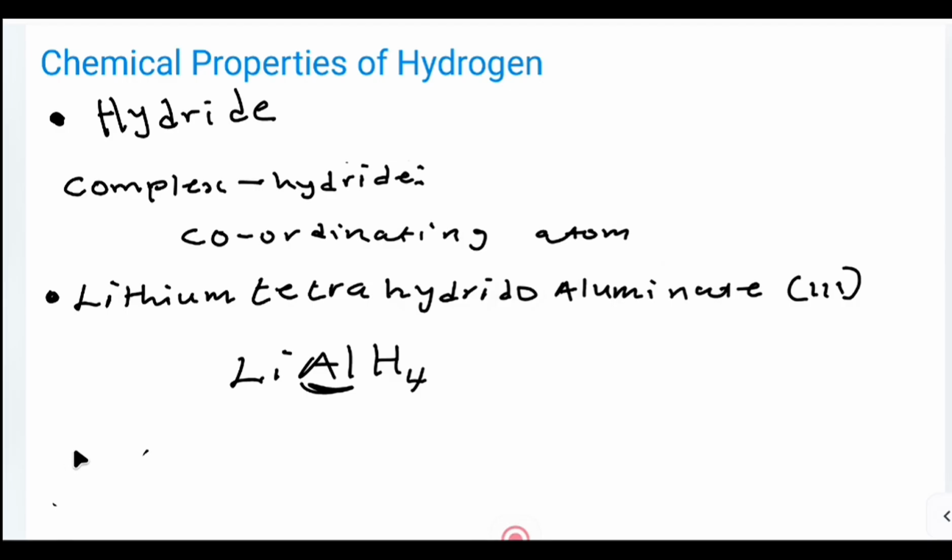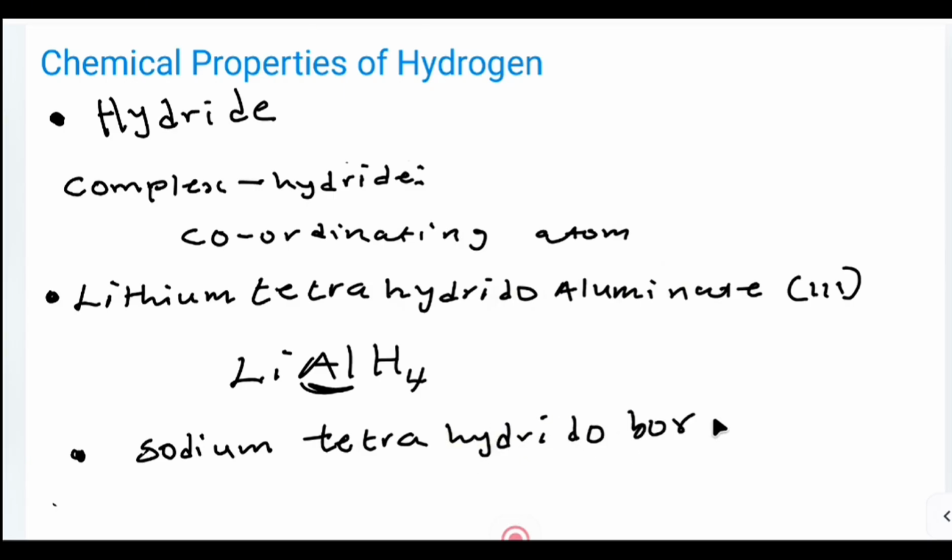Another complex hydride is sodium tetrahydrido borate(III), which is NaBH4.